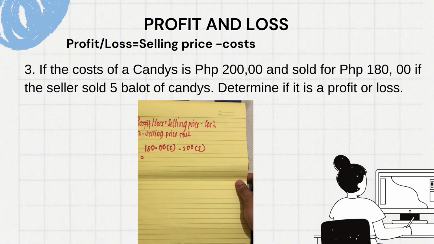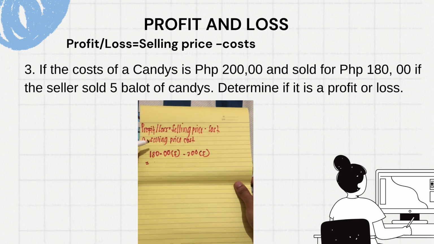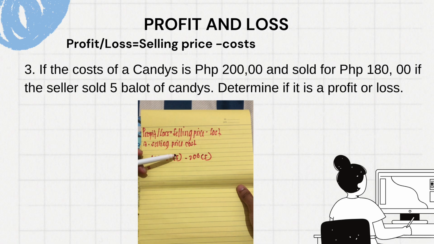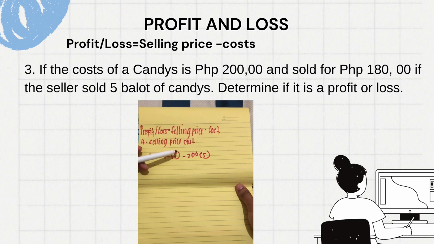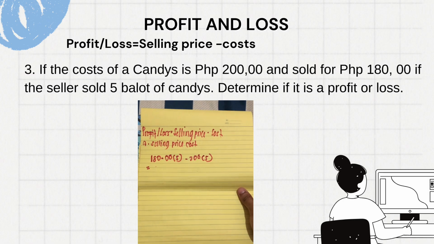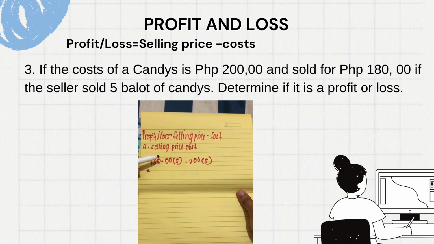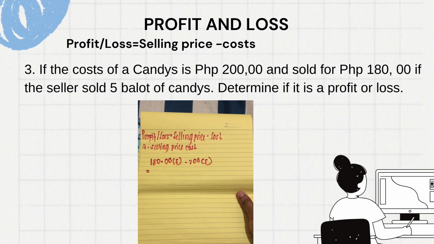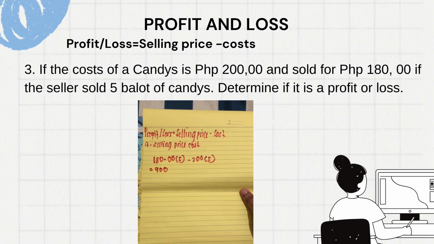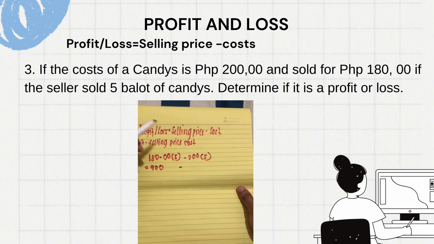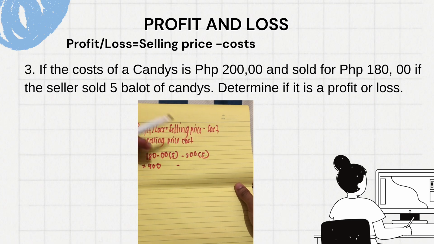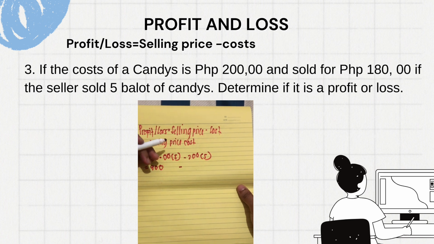Using the formula again, selling price is 180 multiplied by 5, because the seller sold 5 candies, minus 200 multiplied by 5. Let's calculate. 900 minus 200 times 5.